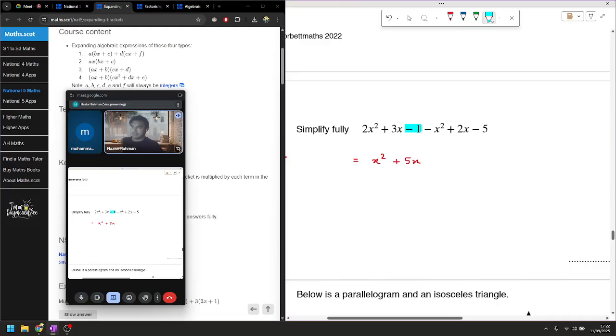So let's look at these terms. So we've got minus 1, minus 5. Right? So they've got the same sign. That means we're going to move in the same direction. So we're going to go 1 this way. So if I start from here, I'm going to go 1 this way, and then I'm going to go 5 this way. Right, so where do I end up? I do minus 1, then I do minus 5.